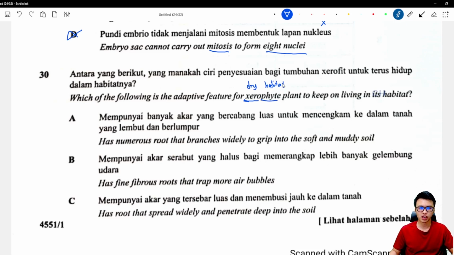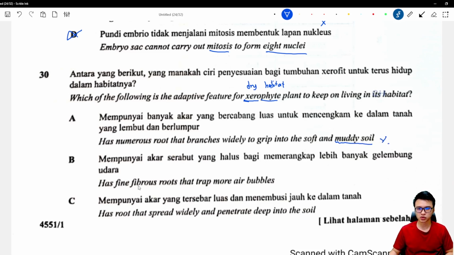They need to have very long roots so that they can absorb more water. So we find out where is the answer here. Branch widely to grip into the soft and muddy soil. Now whenever we talk about muddy soil, normally this place has a lot of water. So A is not the answer.